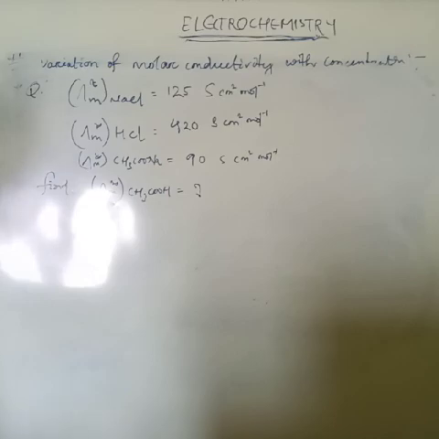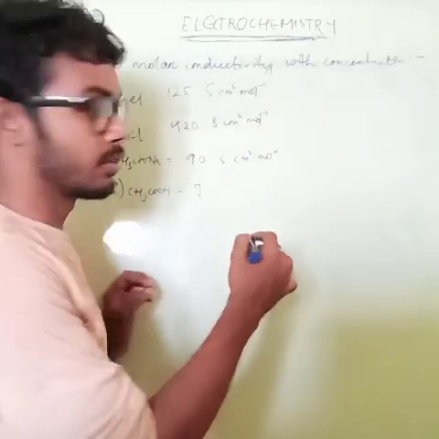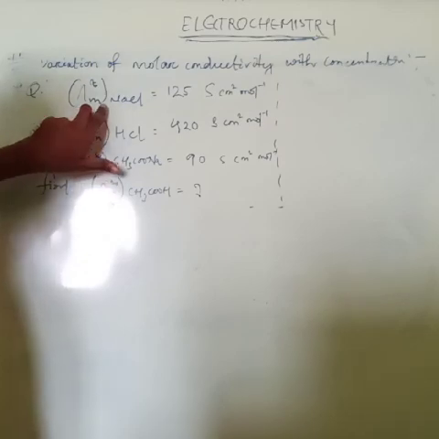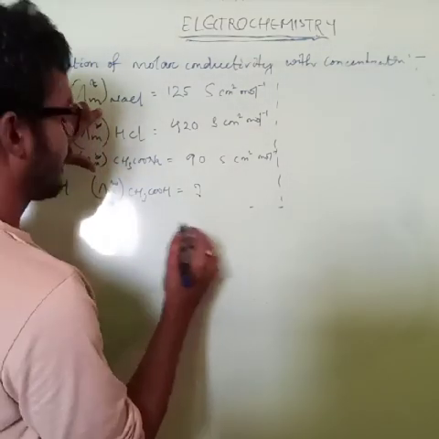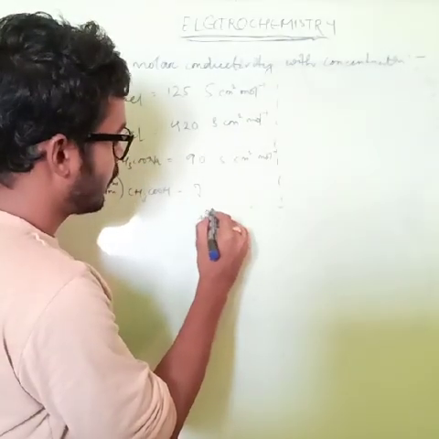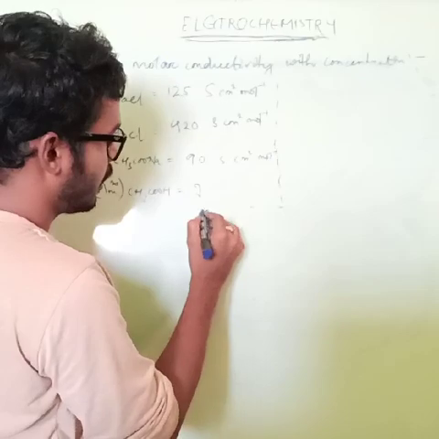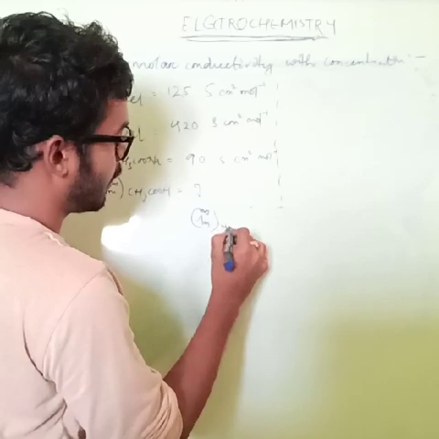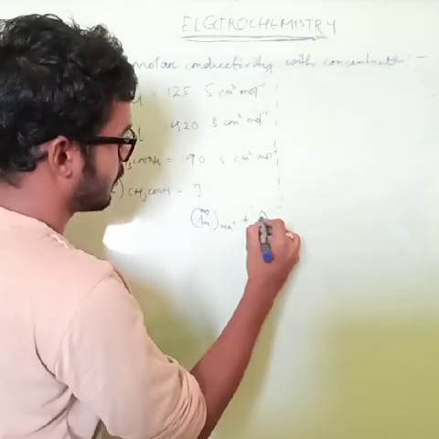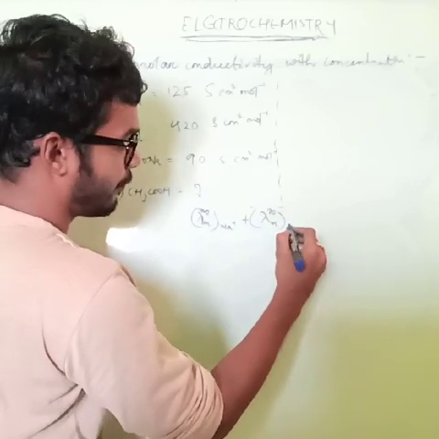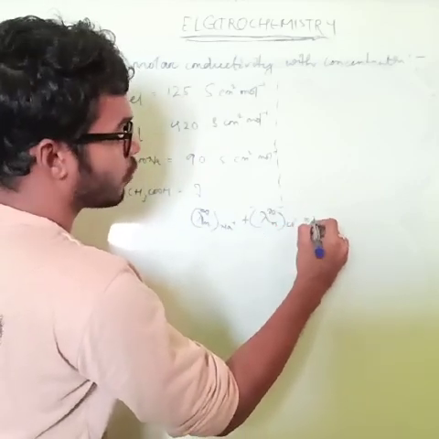How will you do this? So this is what is given. NaCl: according to Kohlrausch's law, lambda m infinite of Na plus plus lambda m at infinite dilution of Cl minus equals 125.